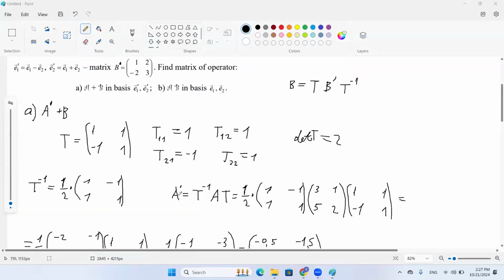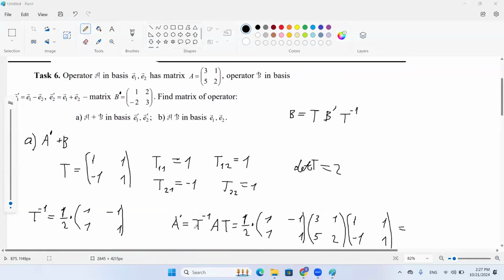If we need to move from the initial basis to basis prime, first we multiply matrix A by inverted matrix T, and then by the initial matrix T. And for operator B, for matrix B, we need to go from prime to initial. That's why in this case we swap.